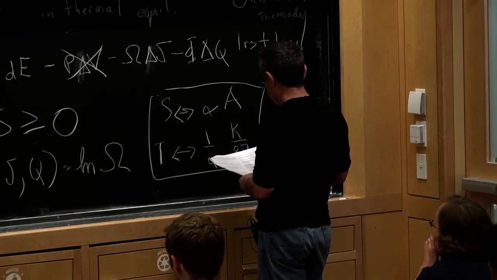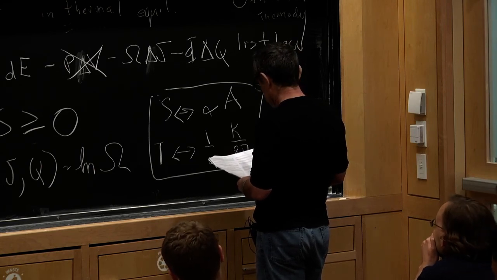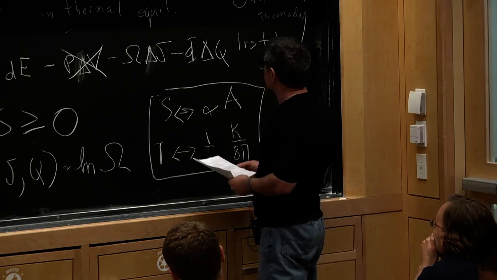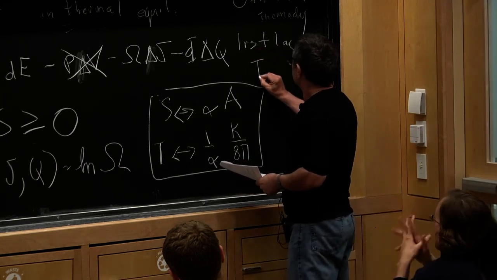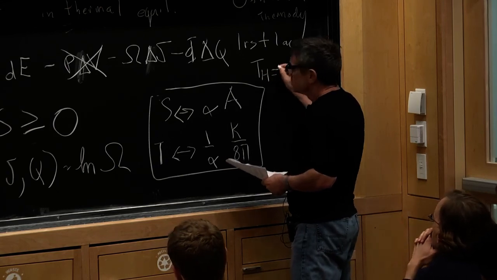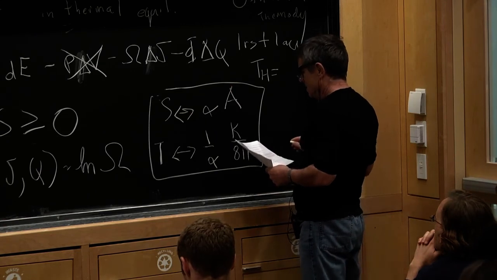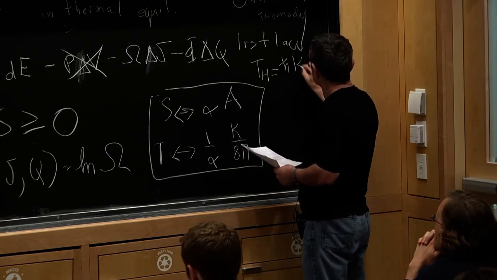Whoa, mistake in my notes here. Anyway, the Hawking temperature, which brings these two sides together, is h bar times the surface gravity.